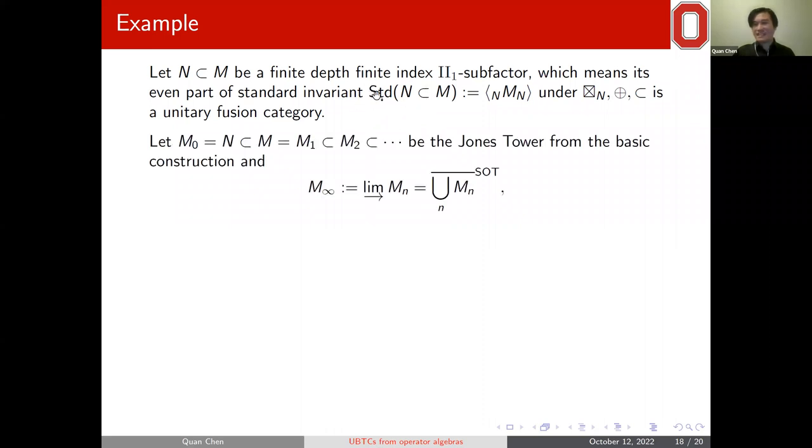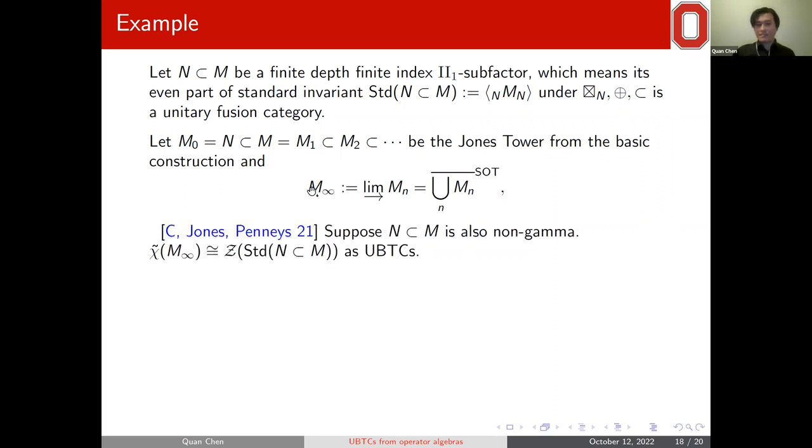And it's fair to say that many interesting or non-trivial unitary tensor categories come from this construction. All right. Maybe Jones can say more about that. Anyway. And then for the basic construction, if you start with the inclusion of II_1 factors, we can do the basic construction called the Jones tower. And we take M infinity being the inductive limit.